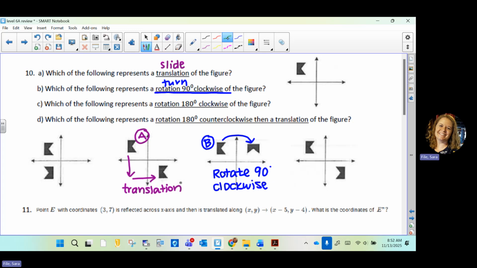Okay, and then C says, which one's a rotation 180 degrees clockwise? Also a turn for rotation. 180 degrees is half a circle, so it should end up in the opposite quadrant. So if we start in quadrant 2, we should end down here in quadrant 4.